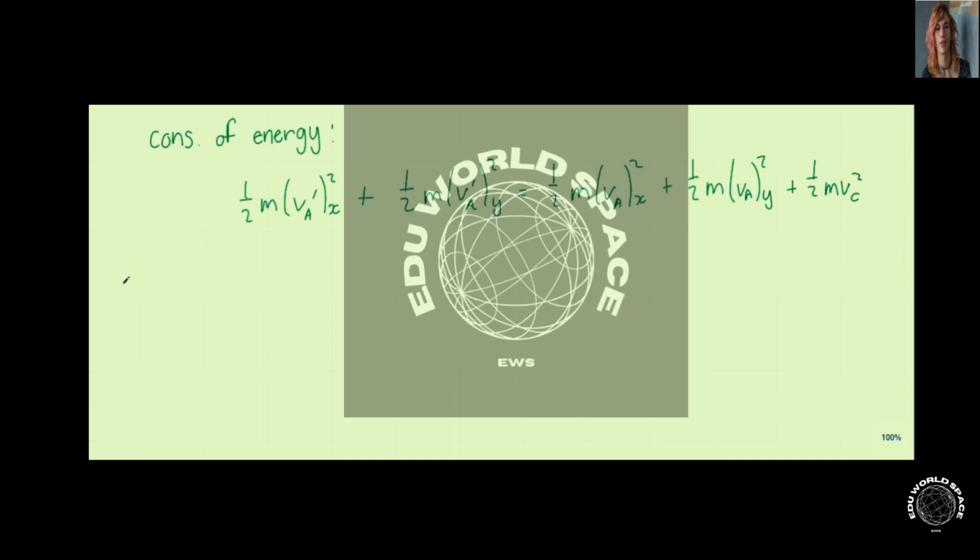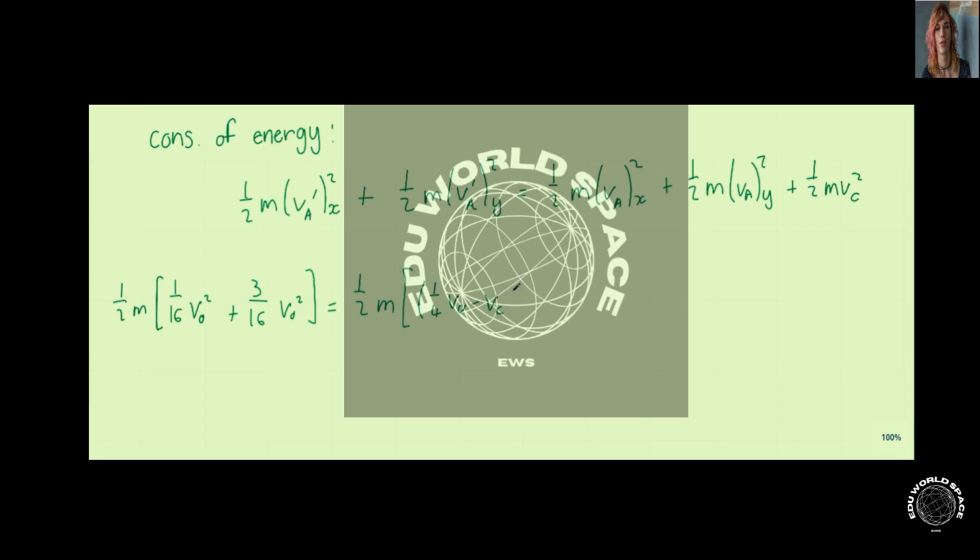So what we end up with is a half m into 1 over 16 v naught squared plus 3 over 16 v naught squared is equal to a half m, and we can actually divide both sides by a half m to get rid of it, into 1 over 4 v naught minus vC.